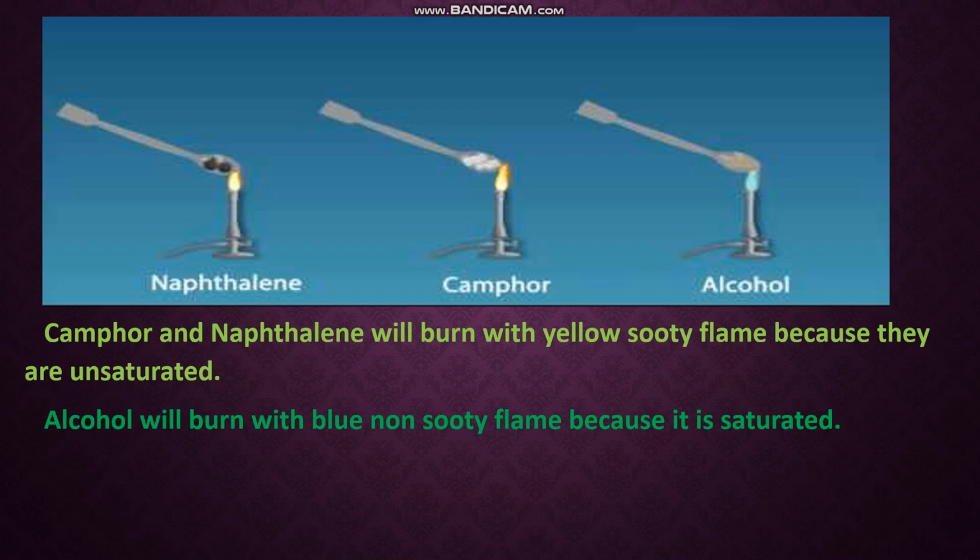Now, alcohol will burn with a blue non-sooty flame because it is saturated. So, we have seen that a saturated compound undergoing combustion burns with a non-sooty, blue flame, and unsaturated carbon compounds undergoing combustion burn with a yellow sooty flame.